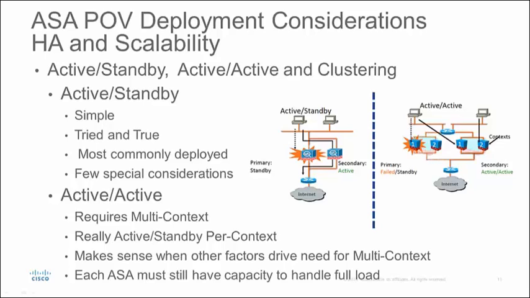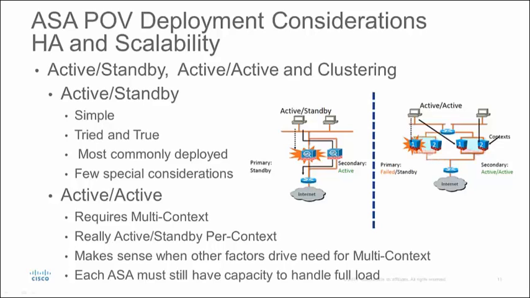Active-active is really a misnomer in my opinion. Active-active HA on the ASA is really multi-context firewall in which each context is running active standby, and then load sharing by alternating which ASA of the pair is active and which is standby for each context or virtual firewall.